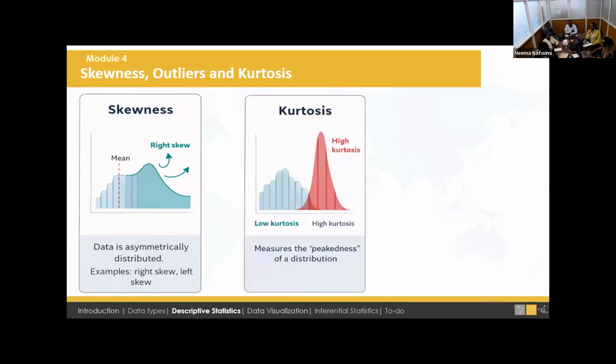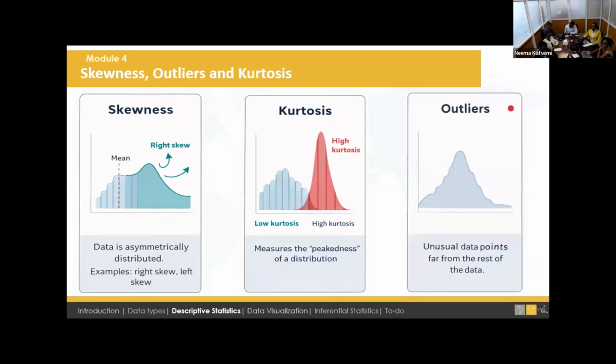We also have kurtosis. Kurtosis is how peaked your data is. Your data can be very peaked with high kurtosis, or it can have low measures. The other important concept is outliers. It is very important to identify outliers and decide how to deal with them, because sometimes outliers can identify an outbreak, maybe a referral point, or maybe a wrong value, a data quality issue.